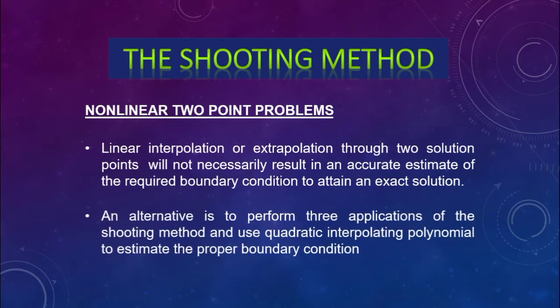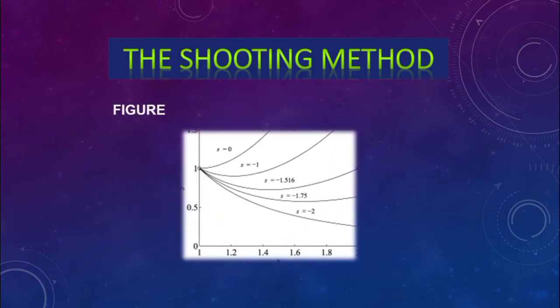An alternative is to perform three applications of the shooting method and use a quadratic polynomial to estimate the proper boundary condition. However, it is unlikely that such an approach would yield the exact answer, and additional iteration would be necessary to obtain the solution. So here we have an example of a non-linear two-point problem.